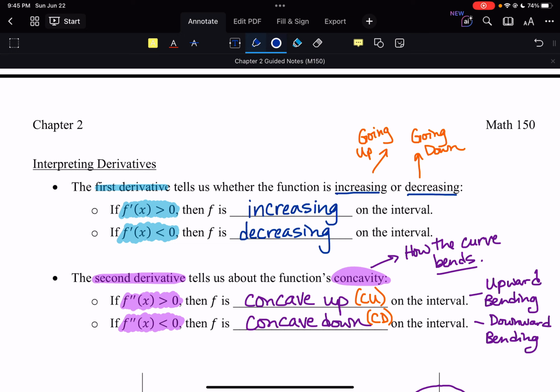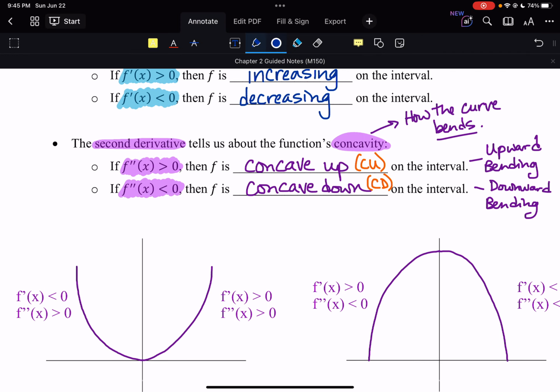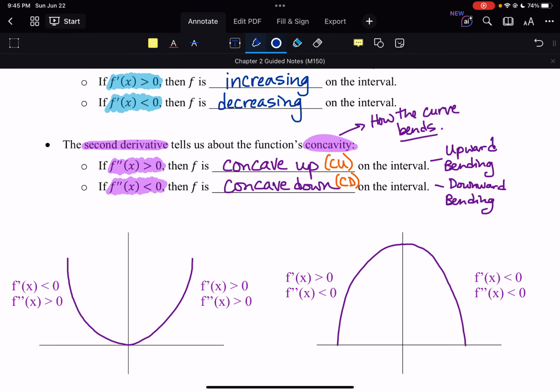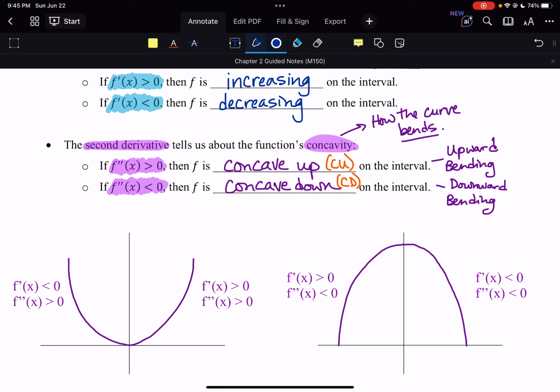Again, where concave up tells us that the graph is bending upward, concave down tells us the graph is bending downward. So I want us to visualize this. So I've got two graphs here, just general graphs. The graph on the left is the graph that is concave up. So you can see the second derivative is positive everywhere.